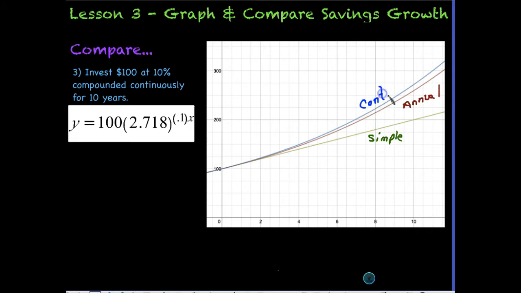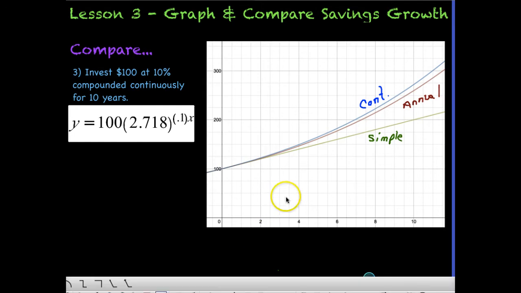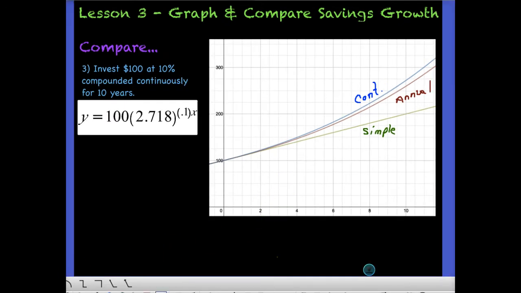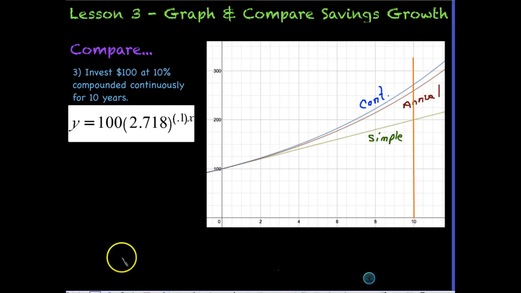So if we are going to analyze, obviously we can see that continuous interest is going to give us the most amount of earnings. And let's actually draw a line here at 10 years, because our goal was to invest this for 10 years. So you can see here, if we make some points, simple interest only gives us about $200.